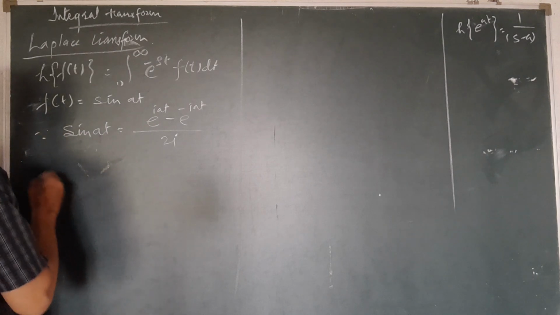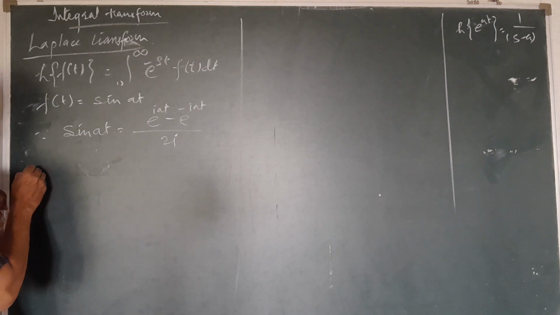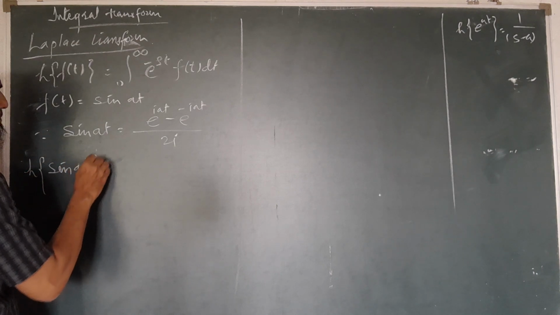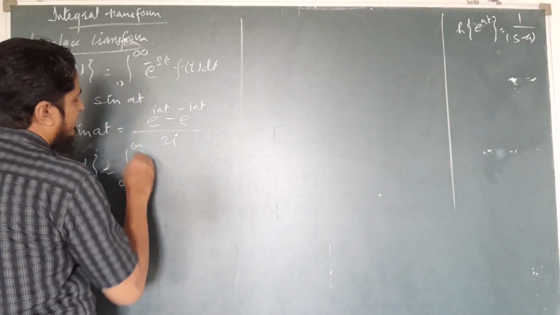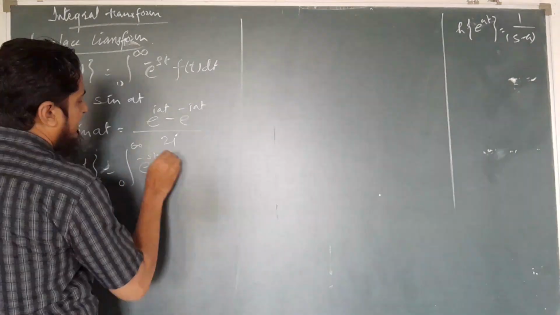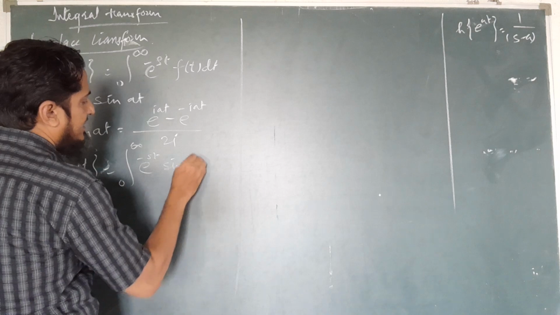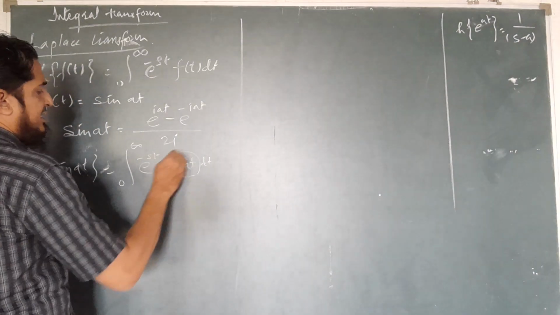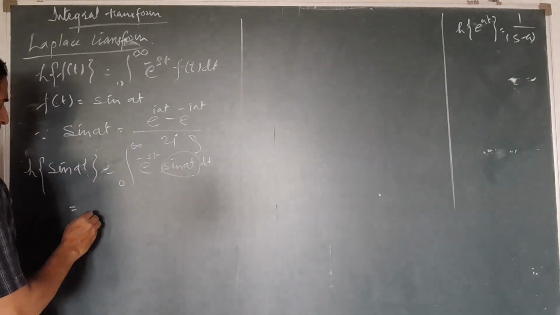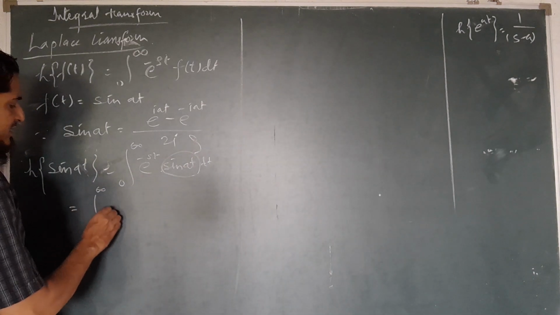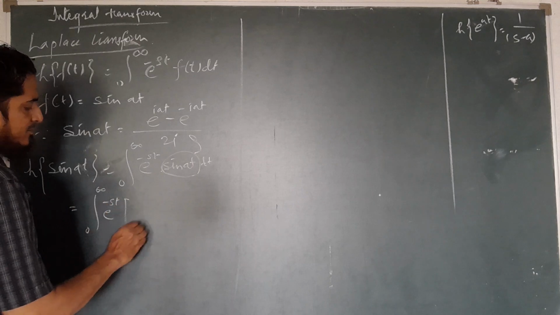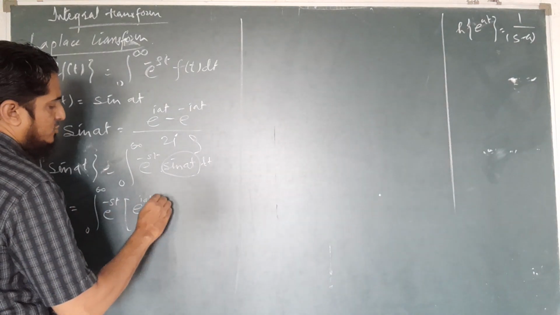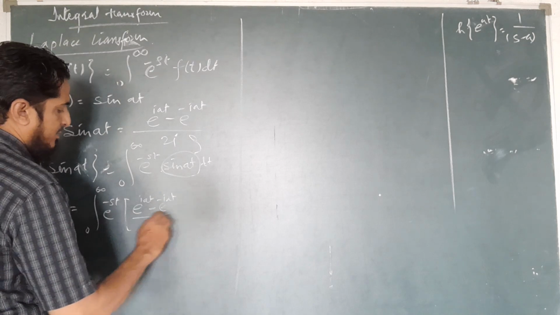Now, if we want to find the Laplace transform of this, we can write it as the integration from 0 to infinity of e raised to minus st sin at dt, correct? And if we replace this sin at by this, we will get the integration from 0 to infinity of e raised to minus st times (e raised to iat minus e raised to minus iat) upon 2i.